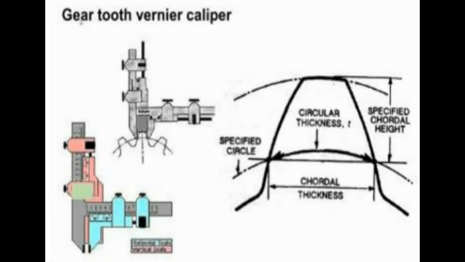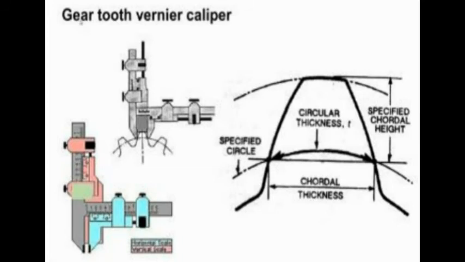Here you can see there is a blade, or sometimes it is called a tongue. This blade can move up and down, and the jaw opening can be adjusted by moving the horizontal part of the vernier caliper.